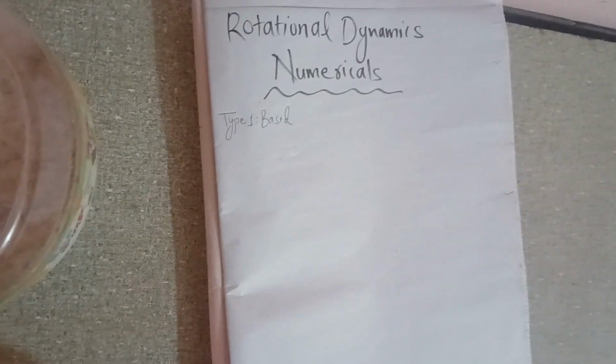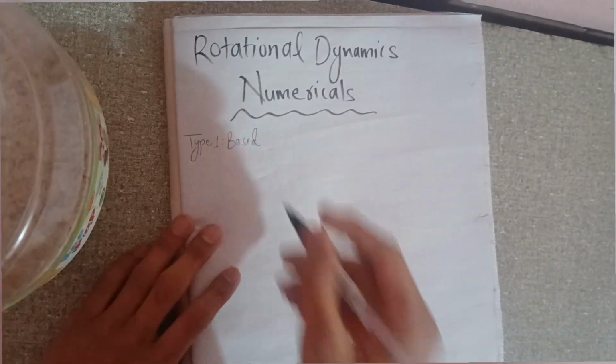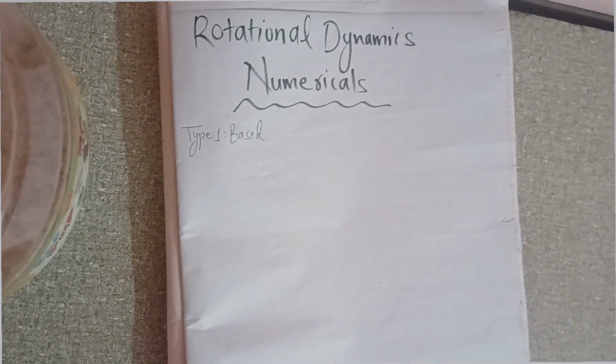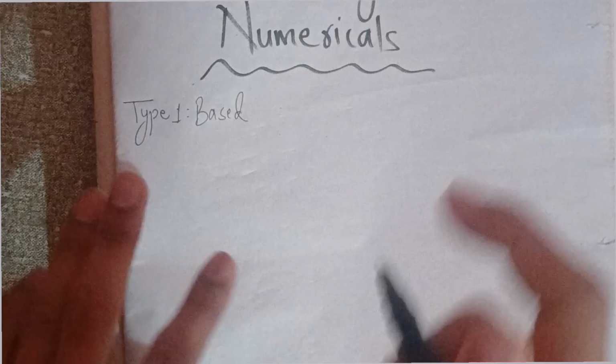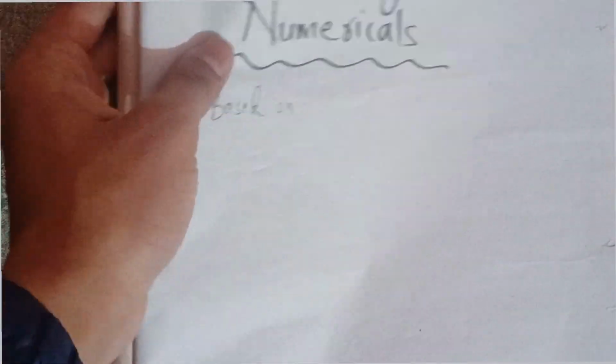Okay, so we are starting with the first type of numericals, and that is based on moment of inertia. Let me zoom a little bit.